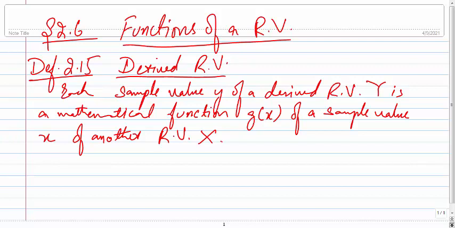So that's what we call a derived random variable.